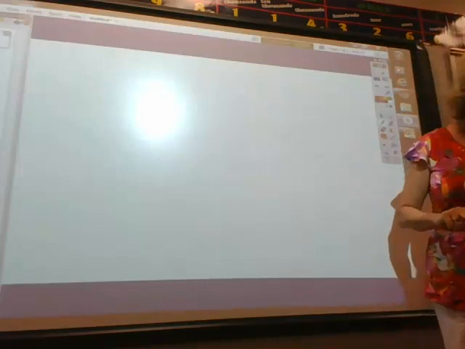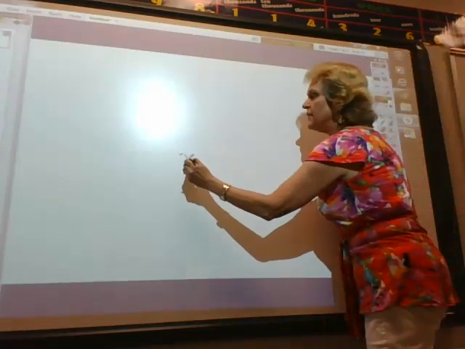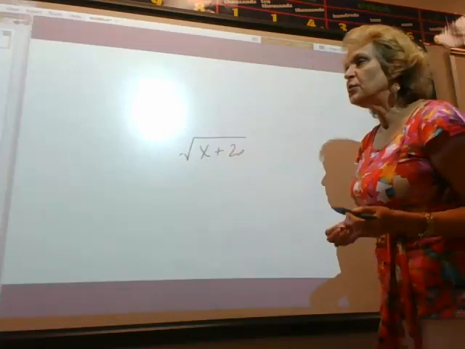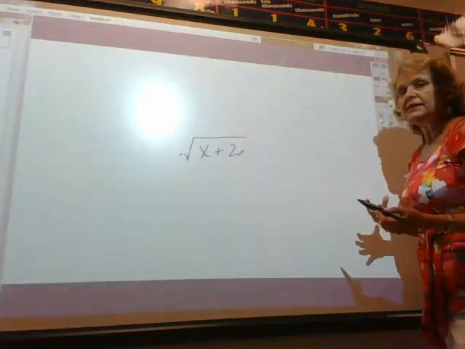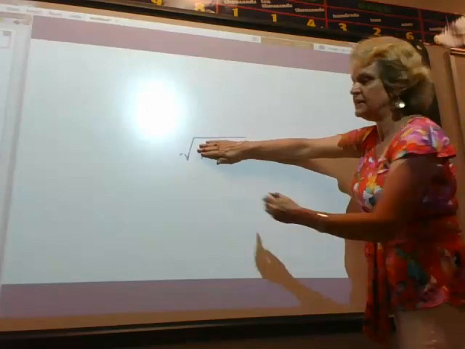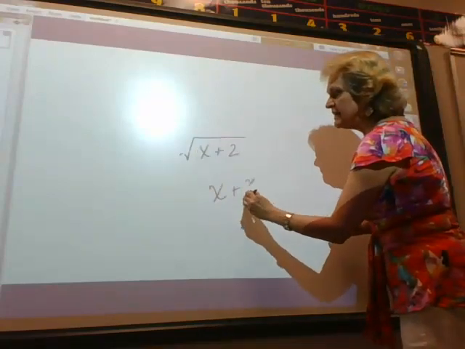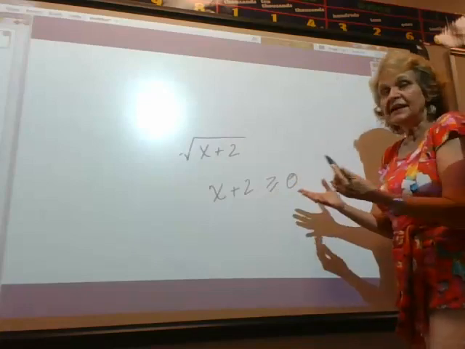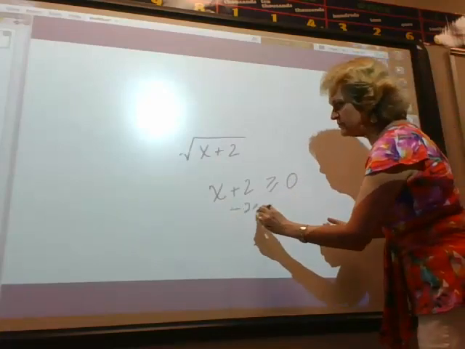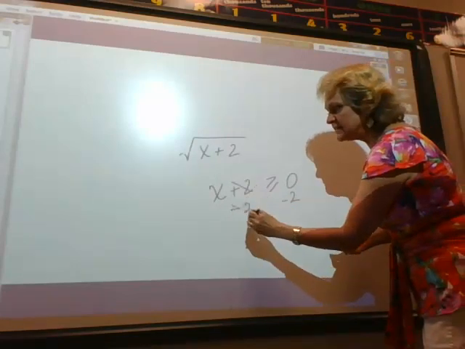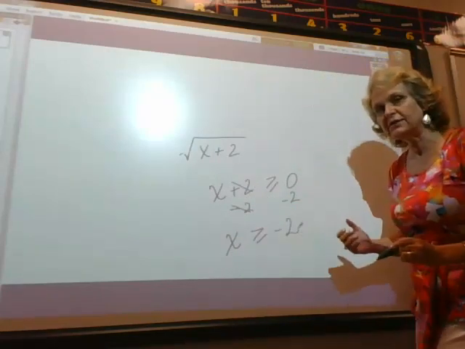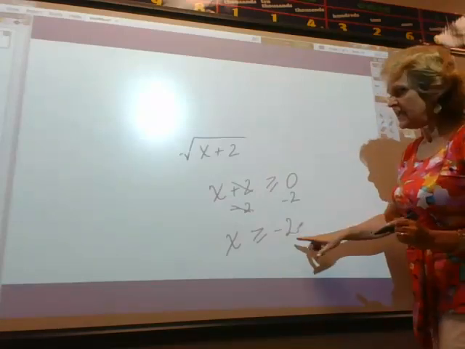Let's look at example 3. The radicand under here is x plus 2, and I want to know what solutions make this real. Again, whatever's under here, I'll set that greater than or equal to 0. Now I'll solve it algebraically. I'm subtracting 2 from both sides, so x is greater than or equal to negative 2. Think about it.